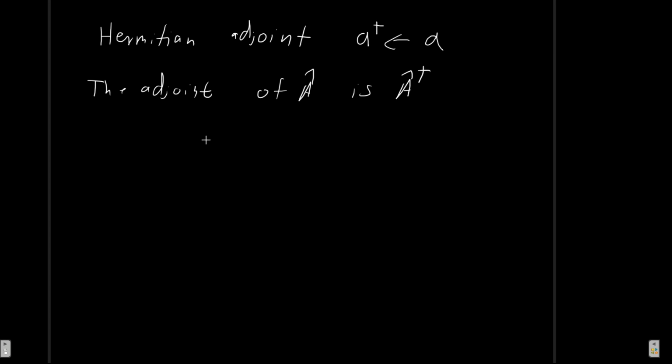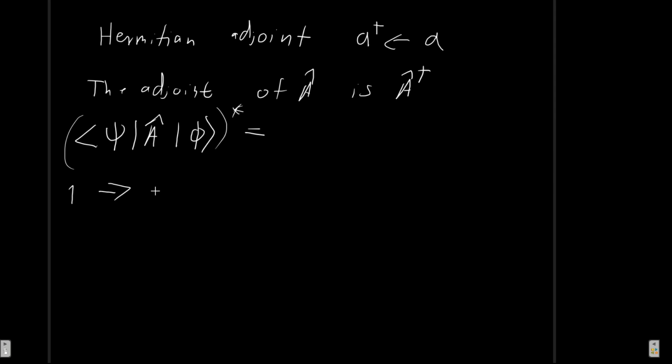And to show how we can define this operation, let's say that we have some bra psi, some operator A, and a ket phi, and we want to take the conjugate or the adjoint of this entire thing. To do that, there are three things that we have to take into consideration. There are three steps.